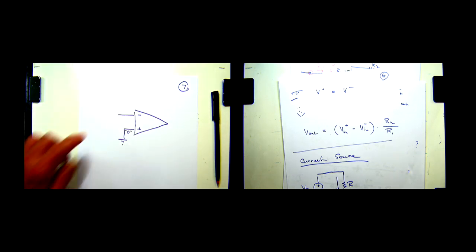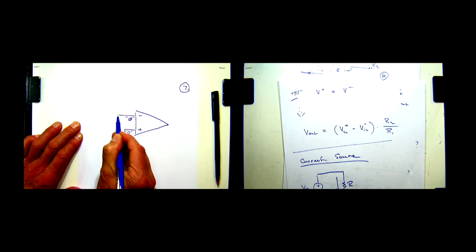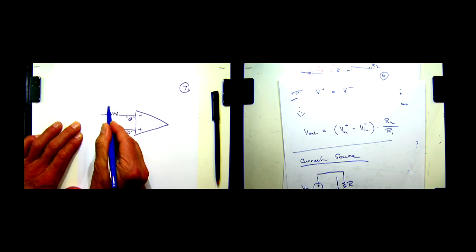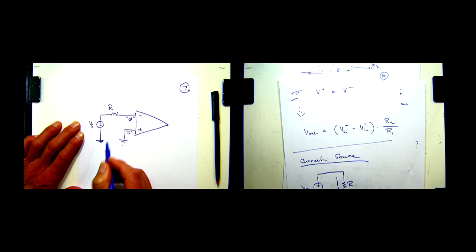What is the other terminal here? Once we apply negative feedback, it would be 0 volts too, right? So we put our current into this 0 volts, okay? So we take our resistor, put that here. We take our source, Vs, put that here. And what is the current that's flowing here? Well, that's IR, and that's equal to Vs over R.